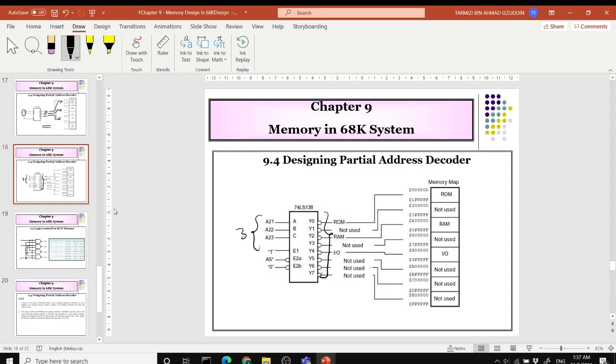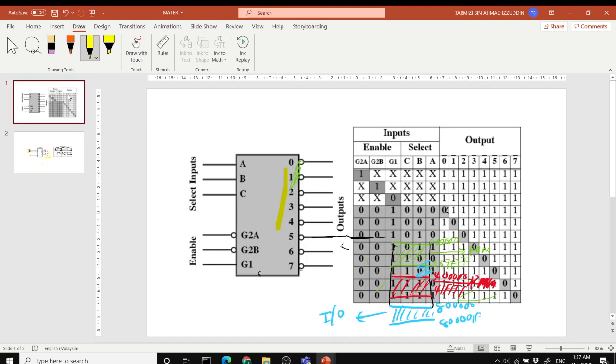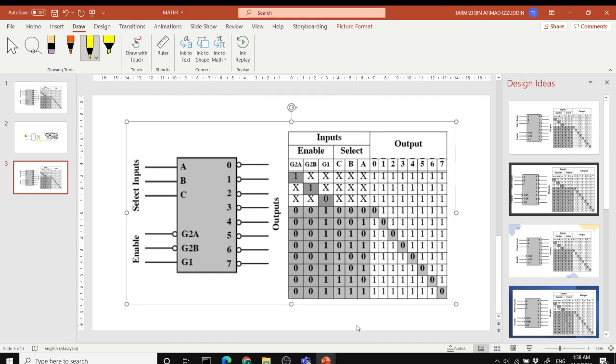If you check the data sheet of the 74LS138, instead of having 2 inputs with 4 outputs, we now have 3 inputs with a maximum of 8 outputs.